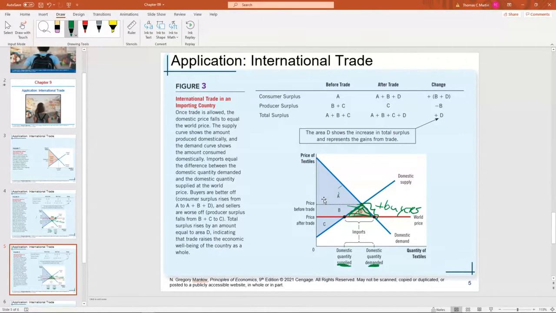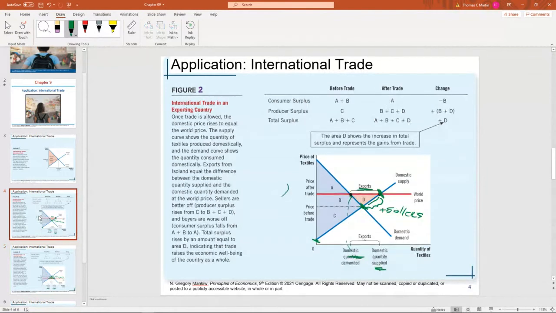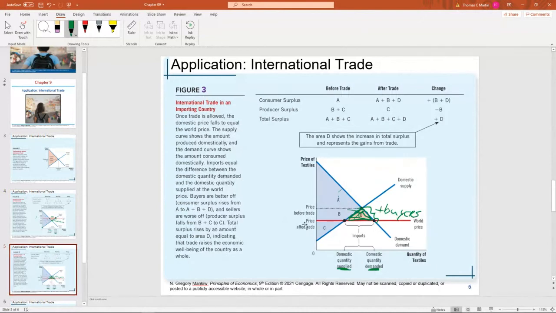Any questions about the two options, either above or below? Just remember, if it's above equilibrium, if the world price is greater than equilibrium, as far as this is concerned, with world price, there's exports. Here is below, and we have imports.